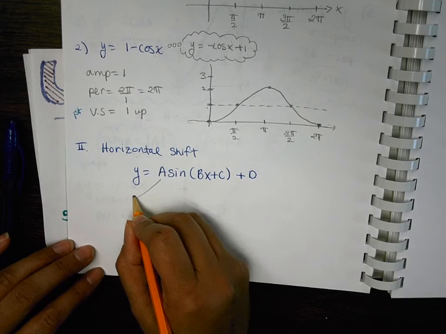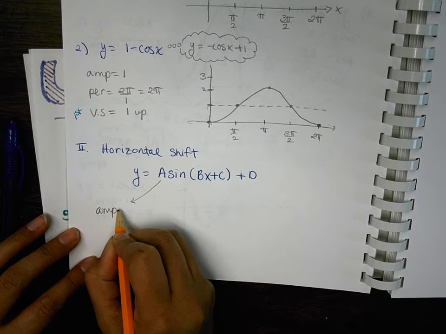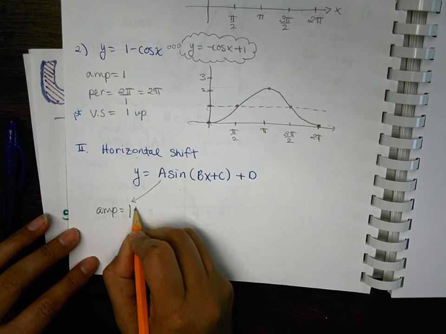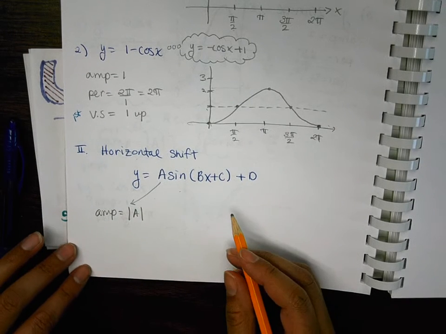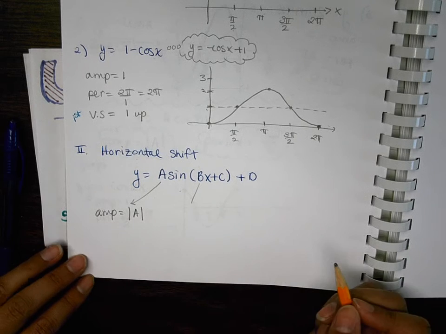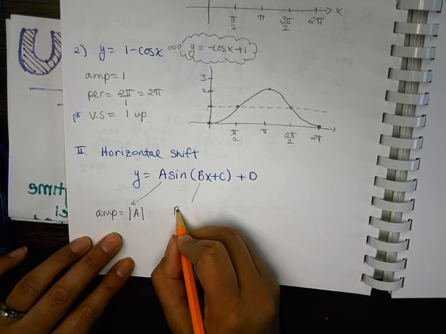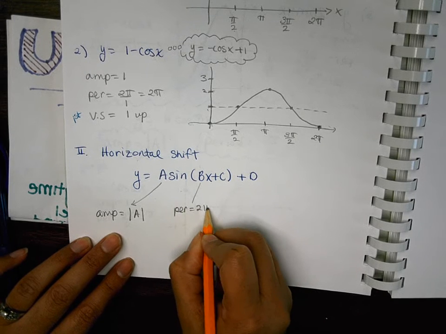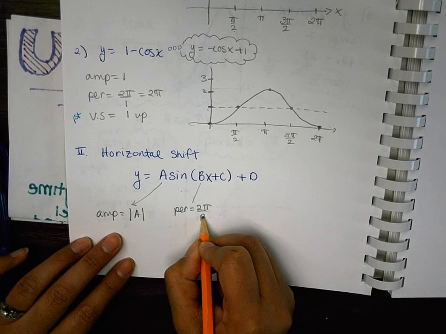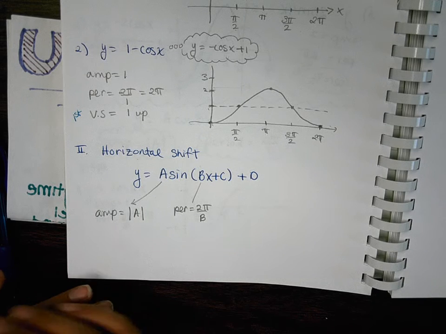What does the A tell us? And it's A or the absolute value of A? Can't forget the absolute value. What does the B tell us? The coefficient of x helps us find the what? Period. So the period is 2 pi over b. And I'm going to ignore the c for now.